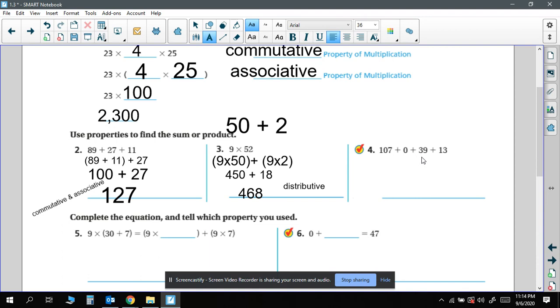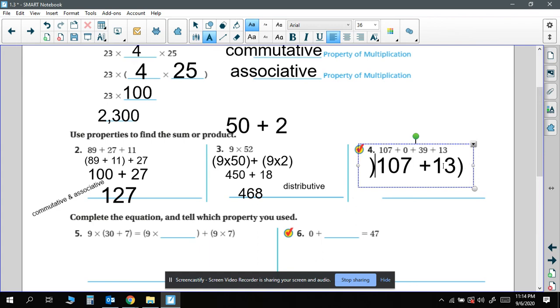We have 100 plus 0 plus 39 plus 13. Right away in my head, I'm trying to figure out what can I move around to make it easier in my brain. So I look at this and I see the 13 and I say, well, 13 plus 7, I can do that. That's going to give me 20. So let me do this, 107 plus the 13, and I'm going to group those because like I said, those are easier for me to quickly add.